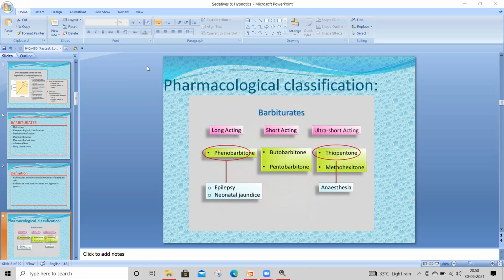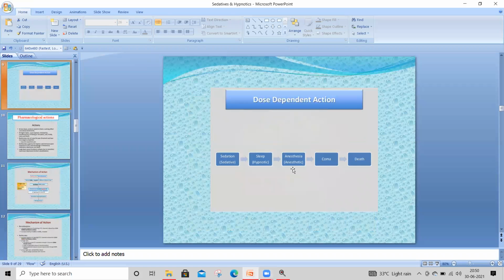And then you have to know the dose dependent action of barbiturate. What are the dose dependent actions of barbiturate?